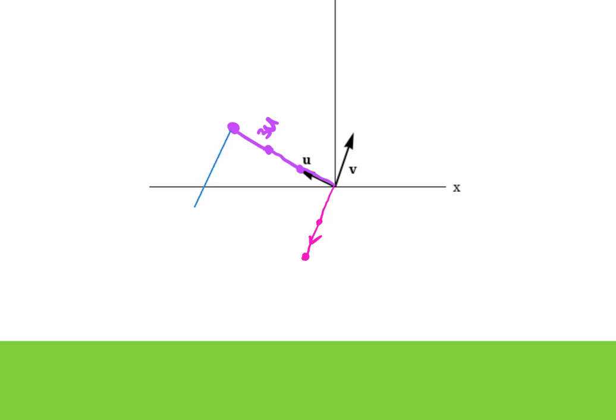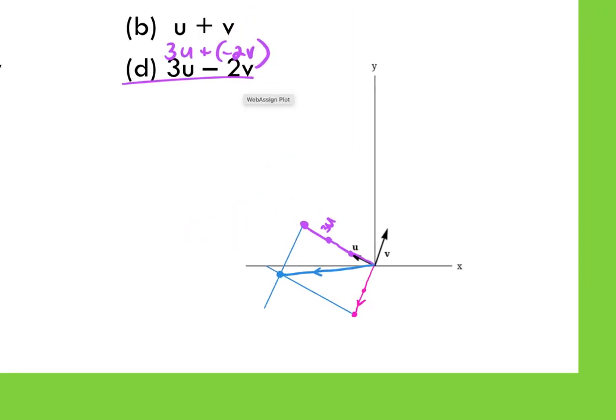So I'm going to come out of 3U, go parallel to V. I'm going to come out of negative 2V, go parallel to U. Where they cross is the end point of my resultant vector. So this is 3U minus 2V. Questions?